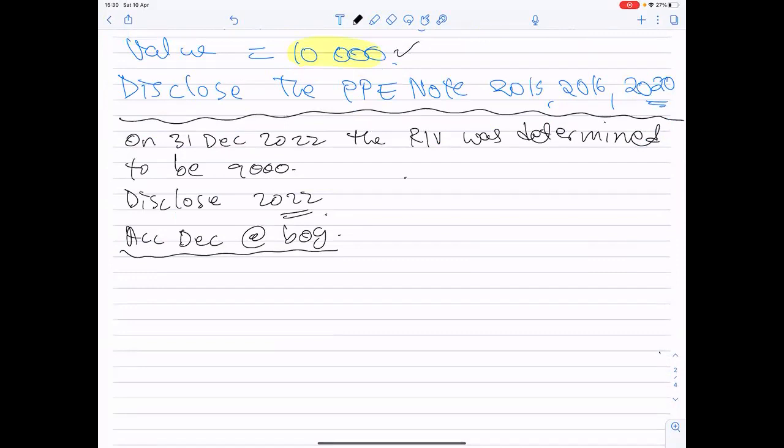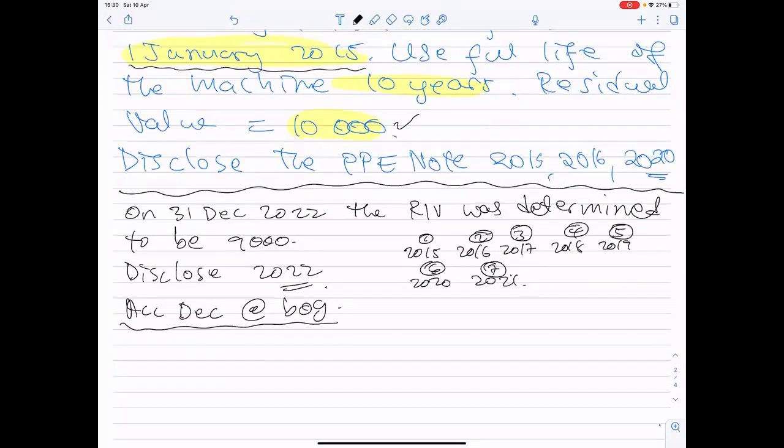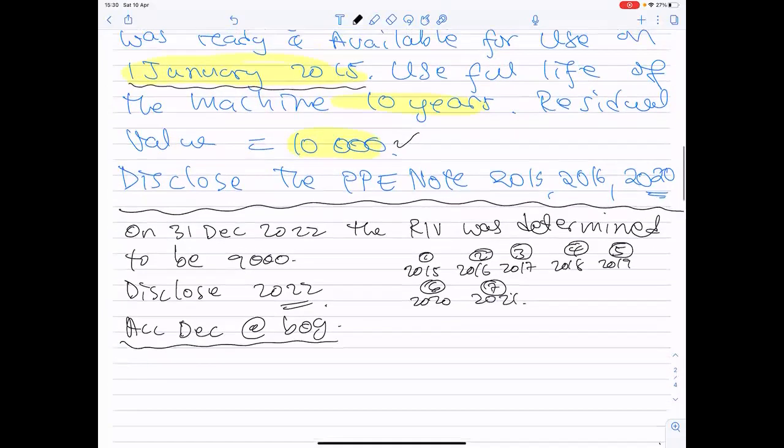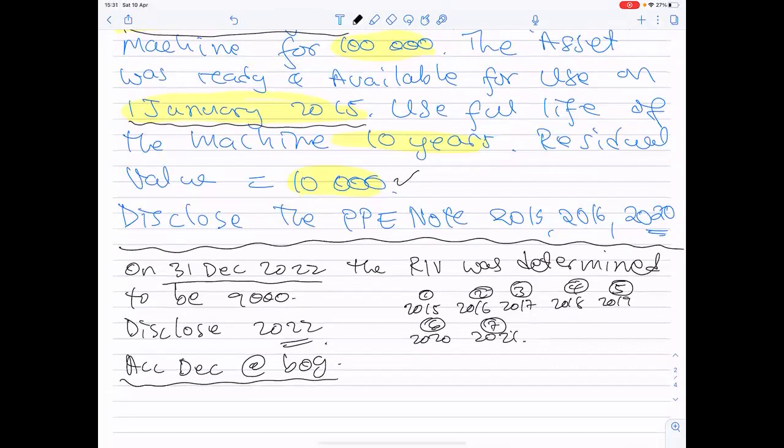We have got 2015, 2016, 2017, 2018, 2019, 2020, 2021. How many years is it? 1, 2, 3, 4, 5, 6. Is it 7 years? So the asset has been there for 7 years. Remember, the residual value changed on 31 December 2022.